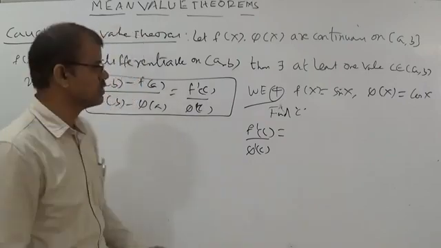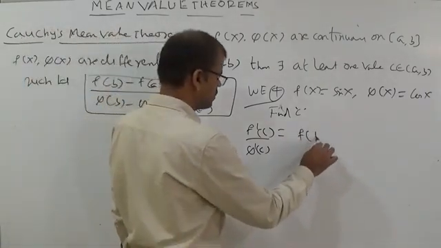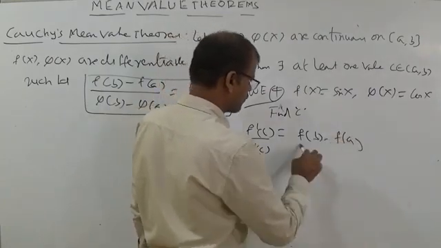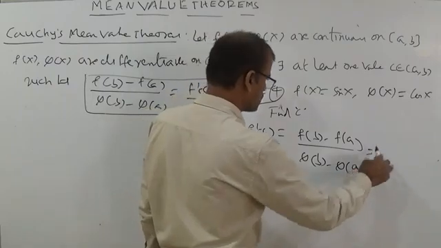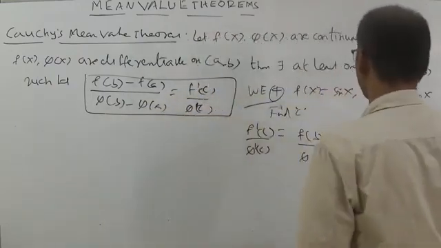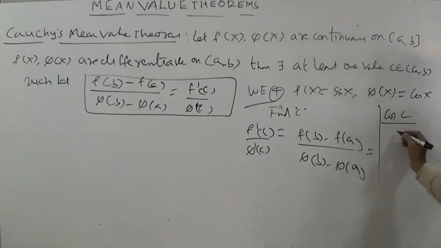While writing the notes, read the formula: f dash c by phi dash c is equal to f of b minus f of a by phi of b minus phi of a. So what is the value here? F of b minus f of a. F dash c means here sin x, derivative cos x. So what is the derivative of sin x? Cos x. Cos c you can write, and here minus sin c is equal to f of b, what is b?